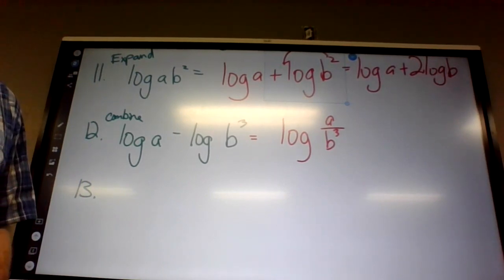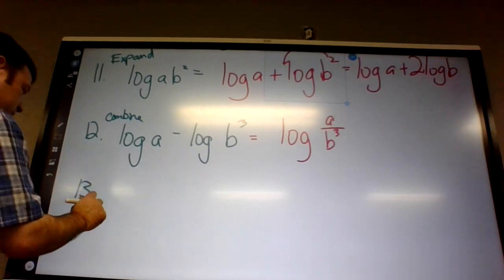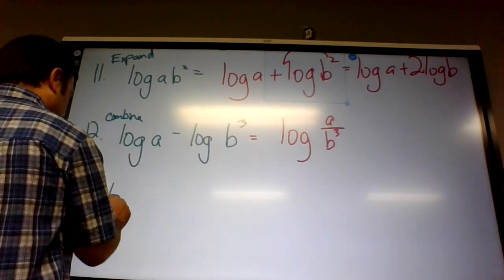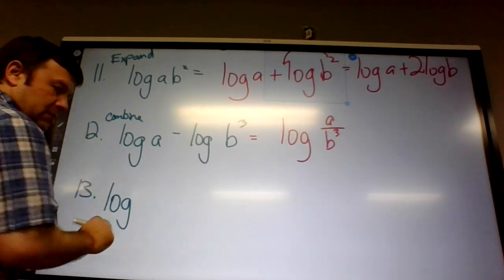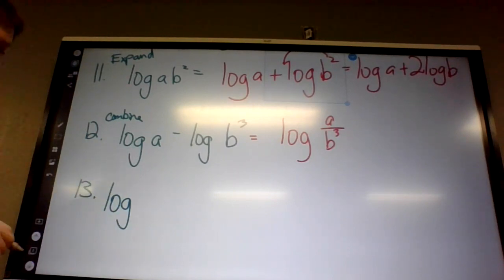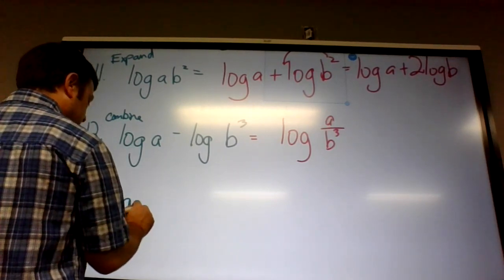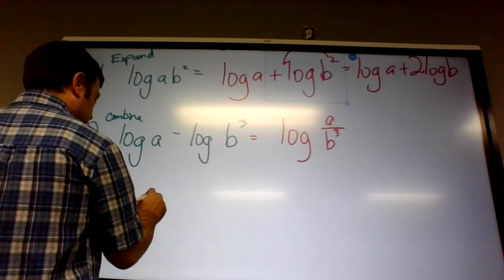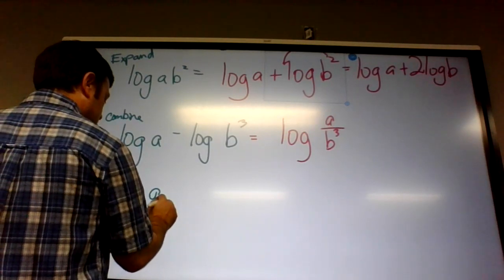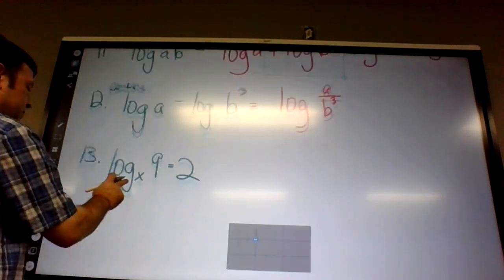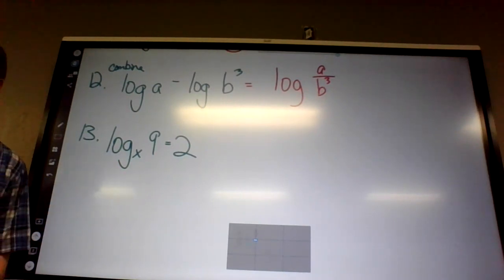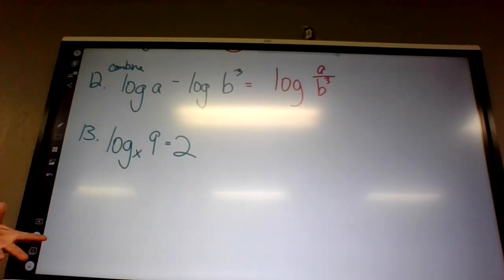Okay, we're rounding to the thousandths place. Okay, so in general, what was the rule when you have a log equation that you're trying to solve? Change it to exponential form.